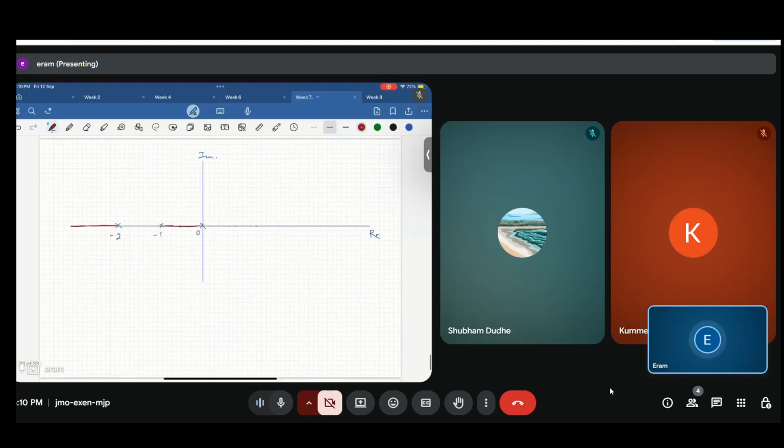And what can we say about the asymptotes? How many asymptotes will be there? n minus m, but m is 0, so it will be equal to n, which is 3 in this case. And what will be the angle of asymptotes?